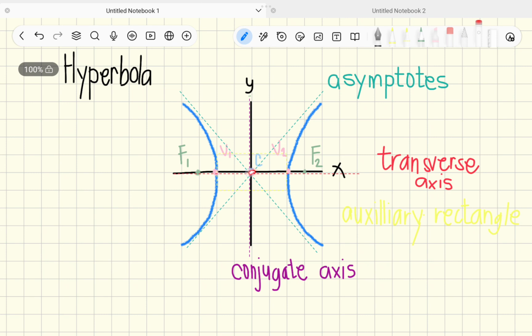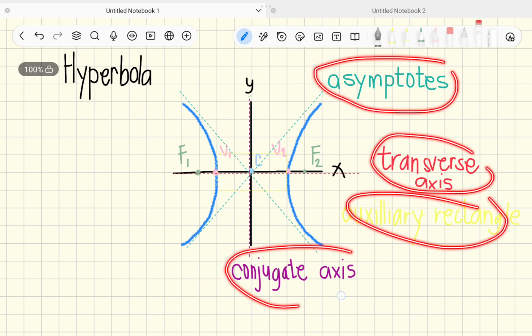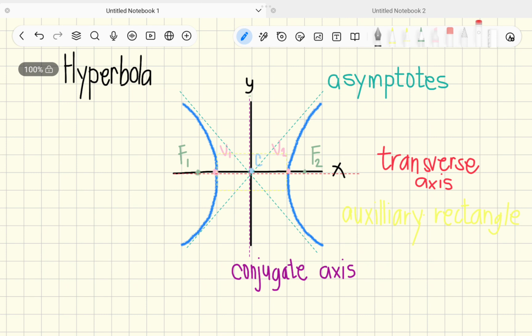You have the center, you have two vertices, two foci, and then when you're able to identify your transverse axis, you can also identify your conjugate axis. Then you have your asymptotes and your auxiliary rectangle. The moment you're familiar with the different parts, you can already pinpoint the rest, as long as you're familiar with the equations.